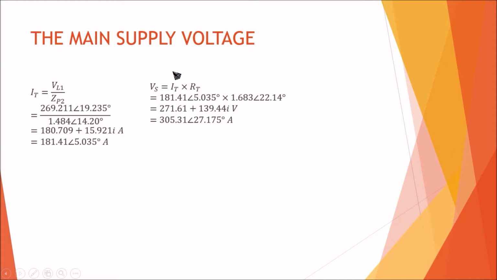Then we use that current total times the total resistance. The answer should be 305.31 angle of 27.175 degree volt.